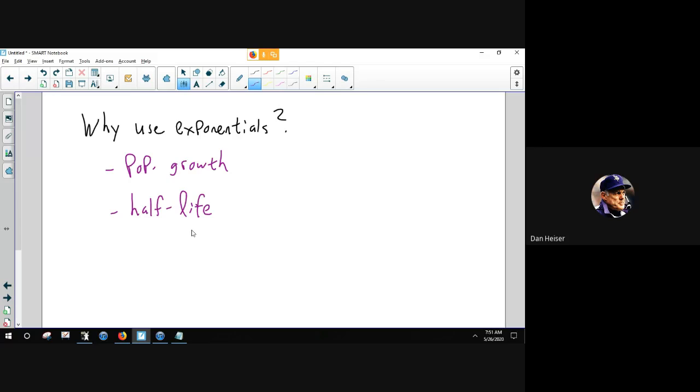The more moves you think ahead, the faster the number of possible moves increases. So anything involving those types of models is going to use some kind of exponential function. They are very, very common in a lot of models.